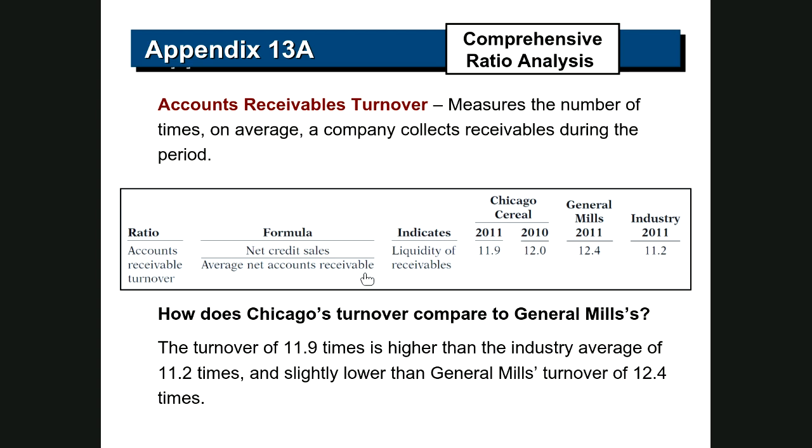Average net accounts receivable is the accounts receivable over a period of months, so we take the average of the accounts receivable at the end of every month. We don't have that number, so we are going to use the accounts receivable at the end. What is the accounts receivable at the end? 1,026. This gives us something very close. If you calculate this, it will come out to be 11.5.